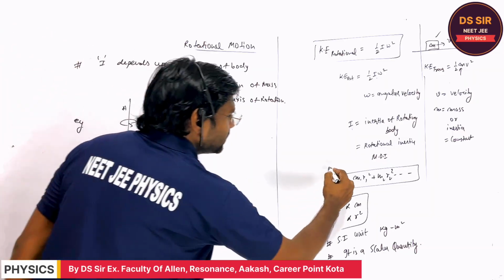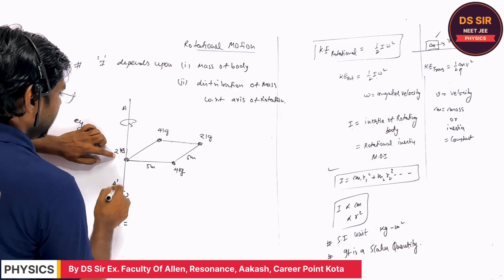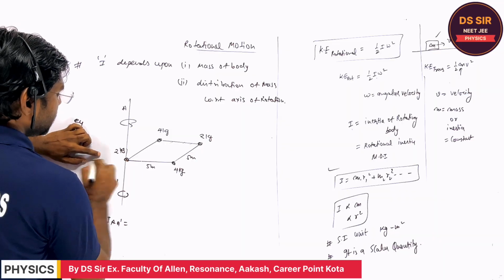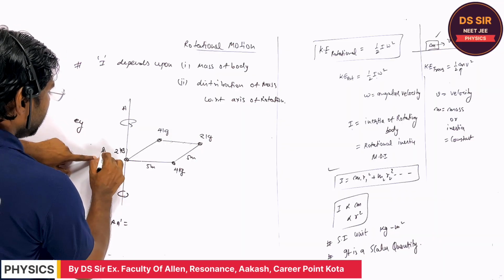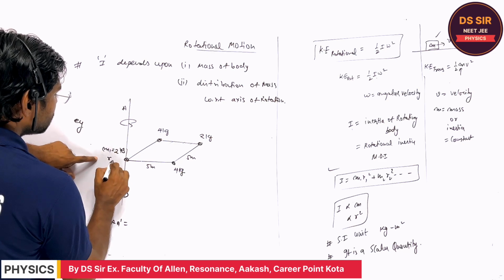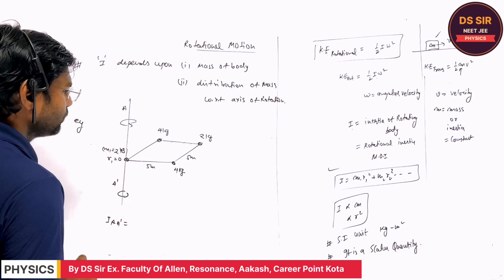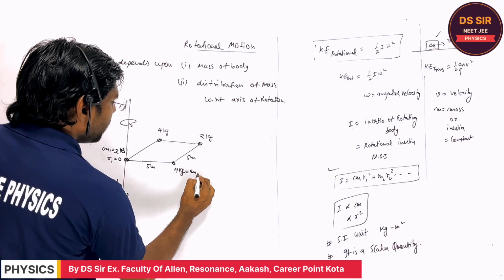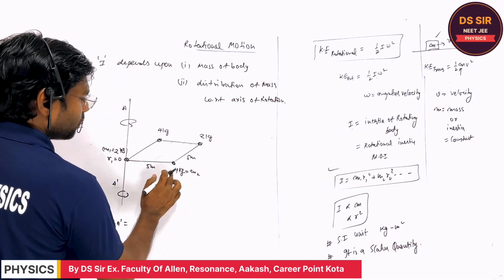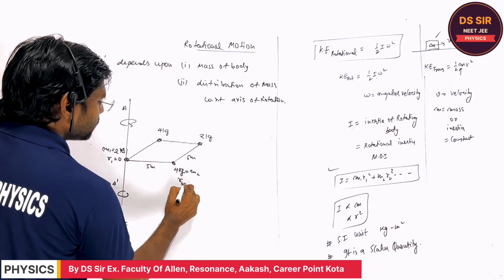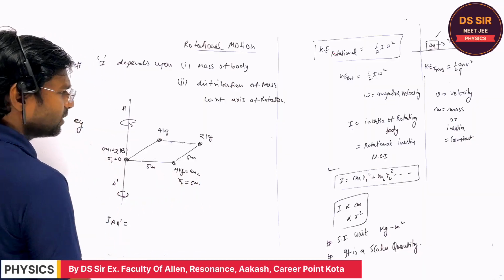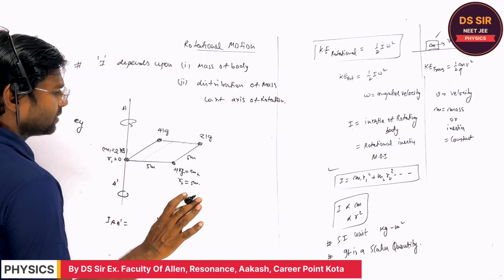So for point masses, this is the formula. If this is the 2 kg M1, what is the distance of this point mass from the axis of rotation? Say 0. If you assume this is the M2, what is the R2 distance for this point mass? Say 5 meter. Is it clear?